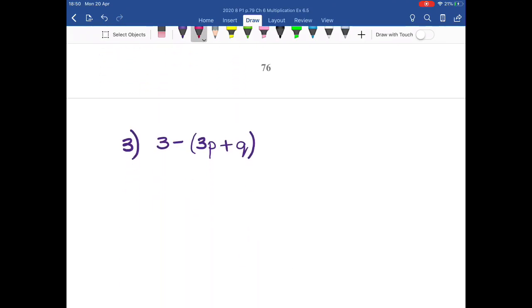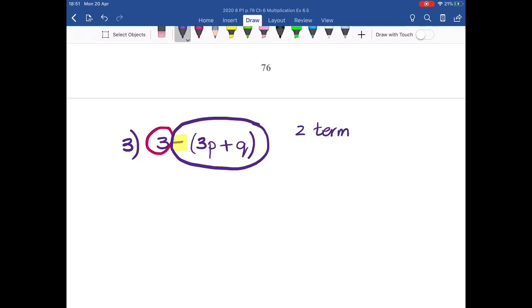Right, remember what I said to you, circle your terms. So this is one term because here's my negative and it's not inside the bracket. Well, that negative belongs to the bracket, so this is 2 terms. It's a binomial. Right, so 3, I can't do anything with 3. I write it down.